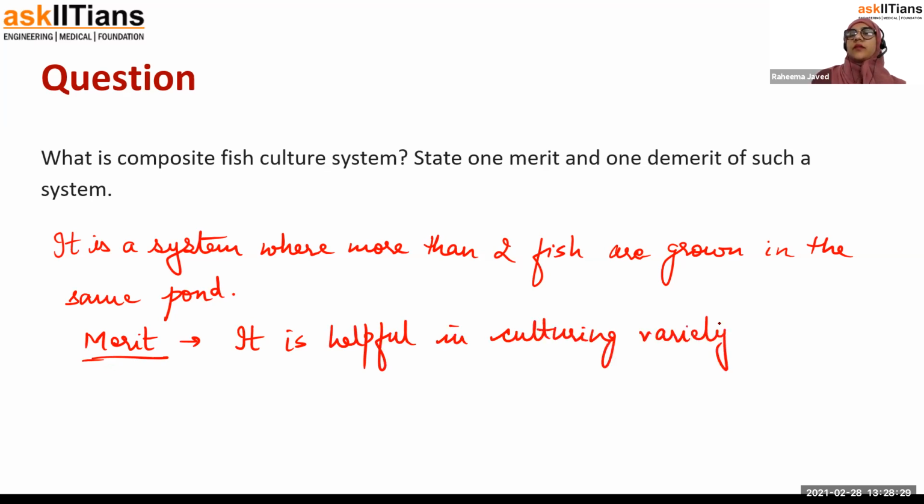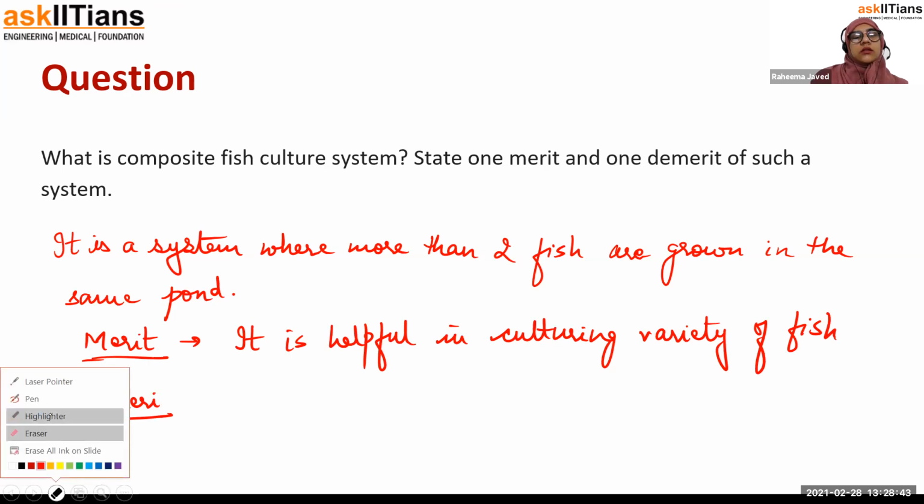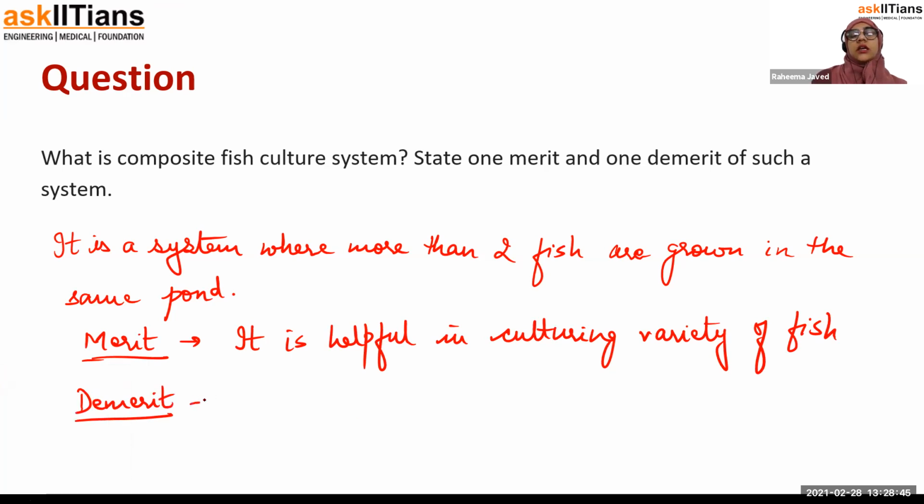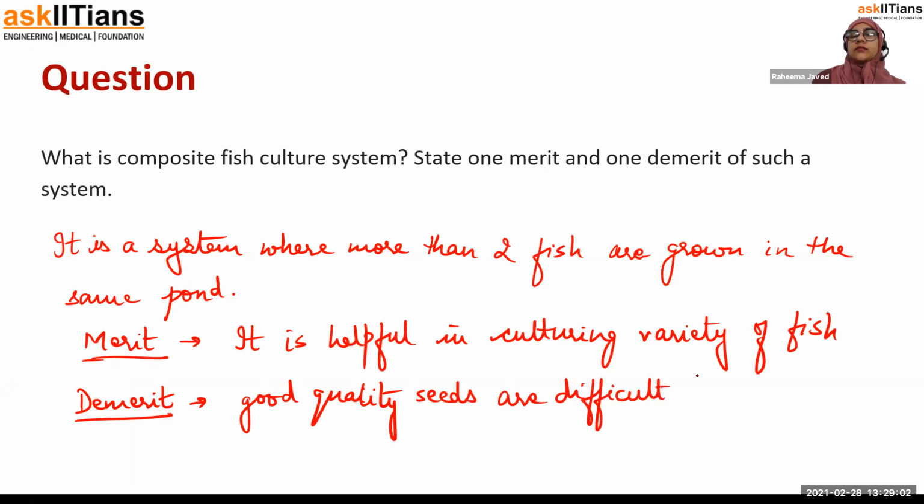And one demerit is that good quality seeds are difficult to obtain here by composite fish culture. Okay, let's move on.